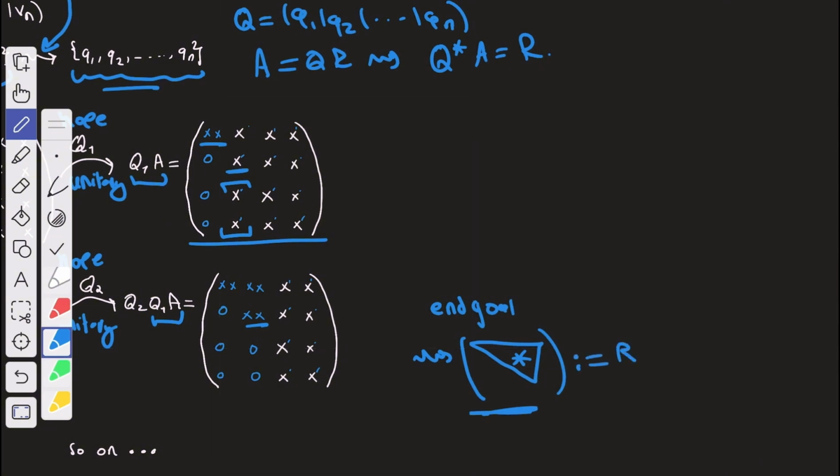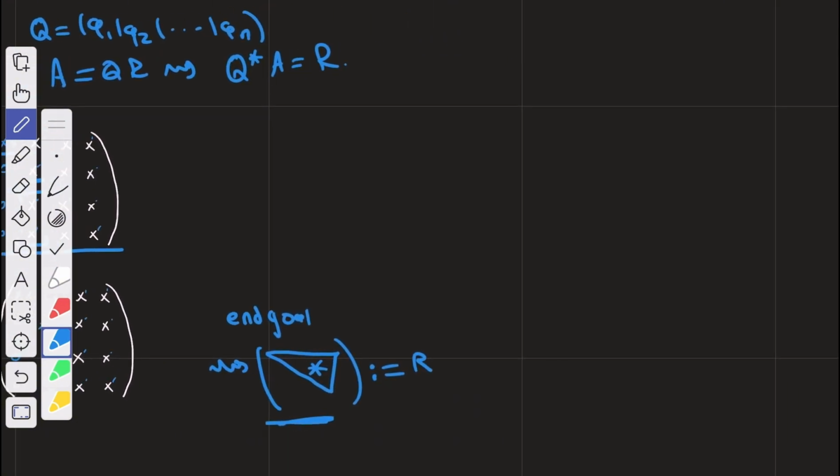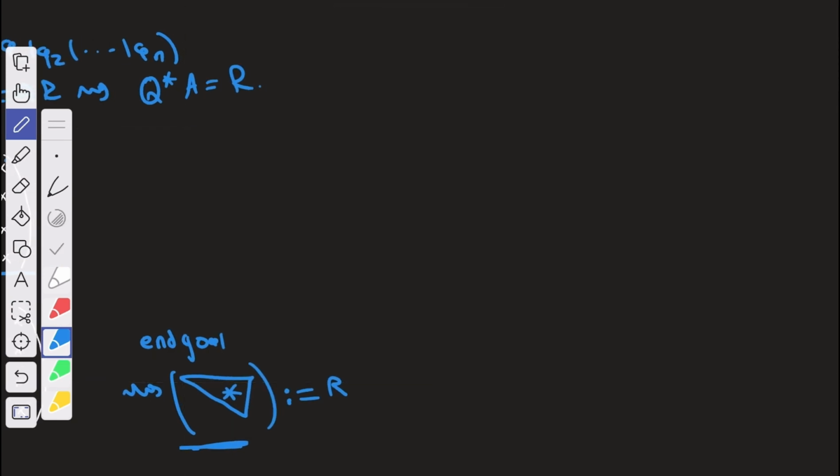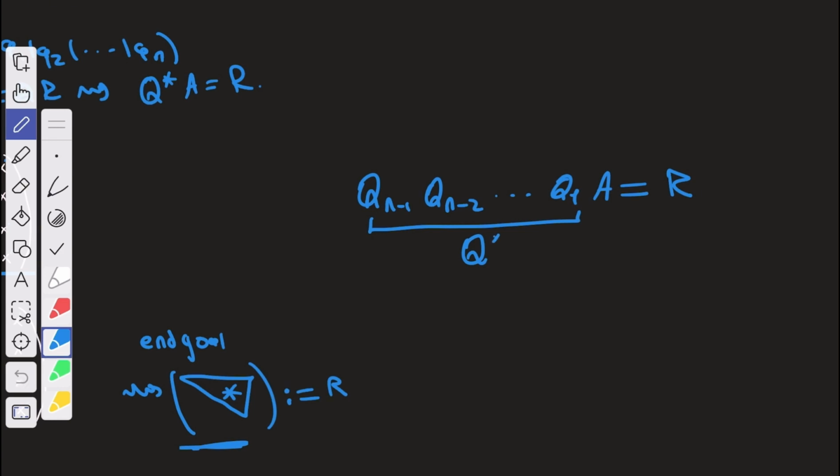Let us see what would happen if we did this. If we could find these n-1 matrices, which when we multiply A by, we get an upper triangular matrix, this whole product will be a unitary matrix, which we're going to call Q star, or Q inverse in this case, because Q is unitary.